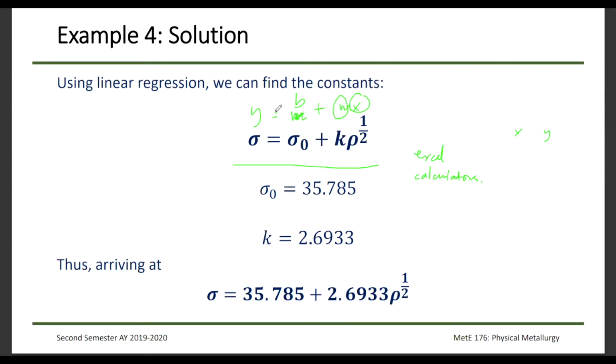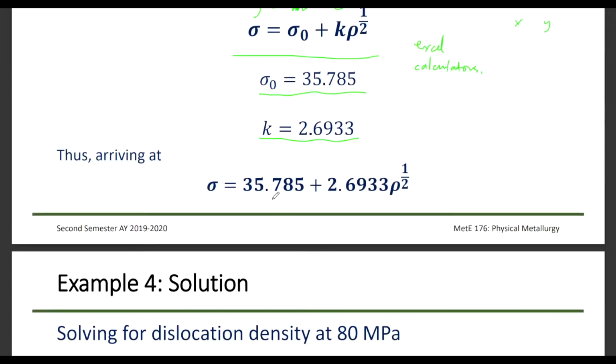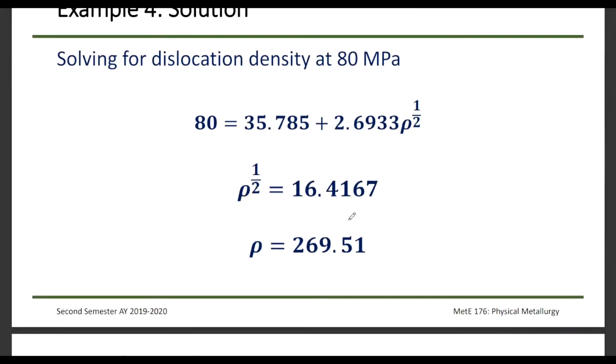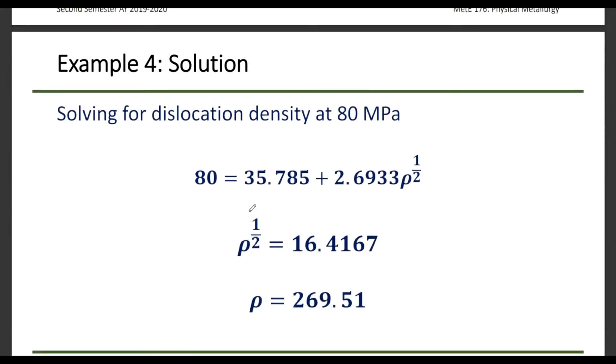So if we get the m and b values, then the y-intercept is just the sigma naught, and the K value is equal to the slope. Okay, so we arrive at this equation right here. Now, solving for the dislocation density at 80 megapascals, we can input a particular y, no, and this will be equal to 269.51 dislocations.